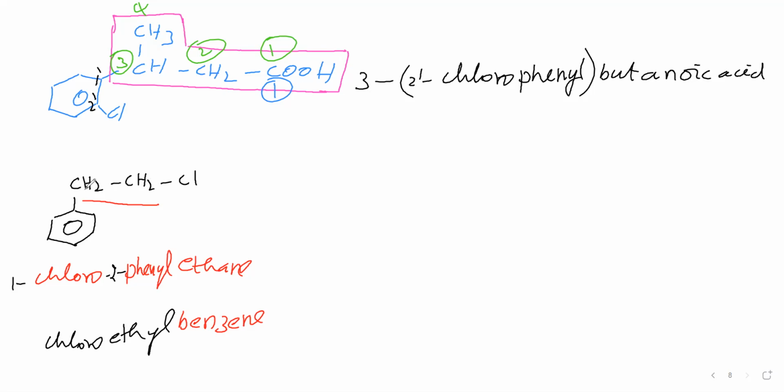In this branch, this carbon is directly attached to the parent benzene. Therefore, it must be given number 1, this number 2, therefore 2-chloro. Otherwise, we can give numbering in Greek letters. This carbon is directly attached to the benzene carbon, therefore it is alpha carbon, this is beta carbon. So chlorine is present at beta, therefore instead of 2, we can say beta. So beta-chloroethylbenzene. Like that also we can say.